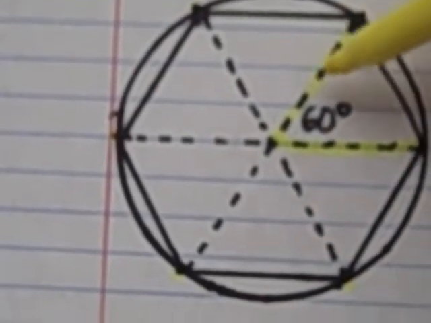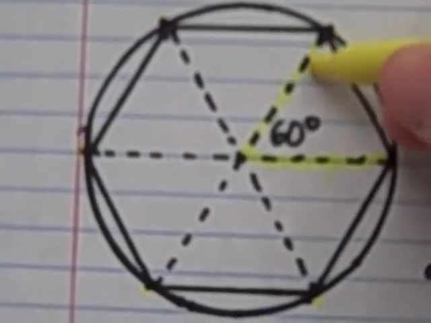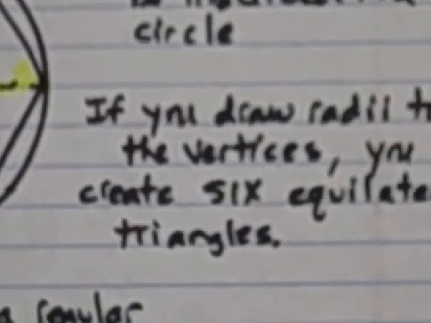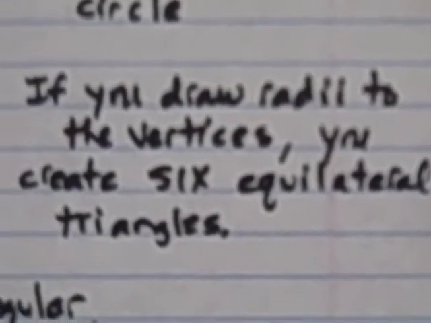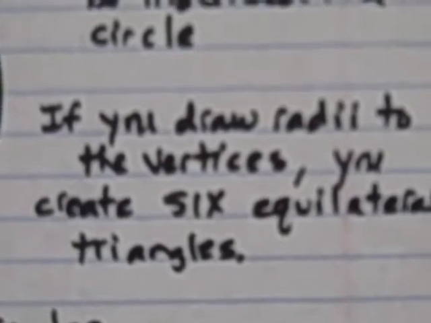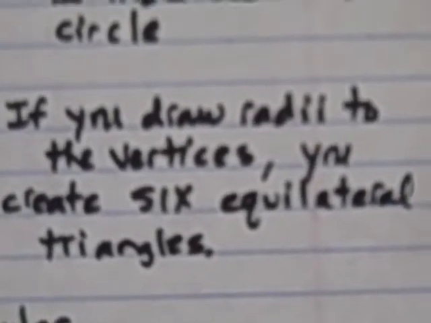Since these are radii here and here, it means that these angles are congruent here and here, and therefore, when we draw those radii, we created 6 equilateral triangles, which is very convenient because we have an area formula for equilateral triangles.